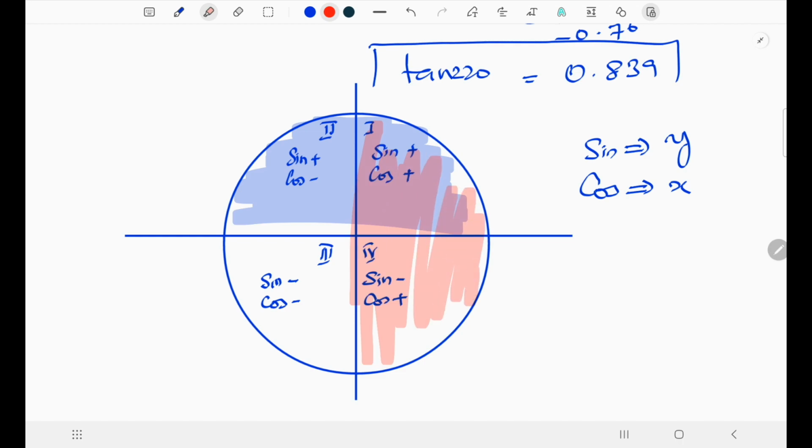In other words, y is negative in the third and fourth quadrant, so sine will also be negative in the third and fourth quadrant. x will be negative in the second quadrant and the third quadrant. Easily we can remember which quadrant sine is positive and which is negative. So let me remove this one.